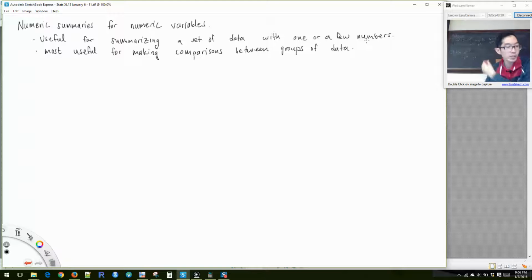And so we have different numeric summaries for different things. So for school, we have the GPA, and depending on which school you go to, they might calculate your GPA in different ways.